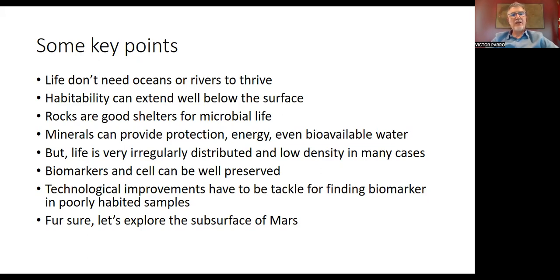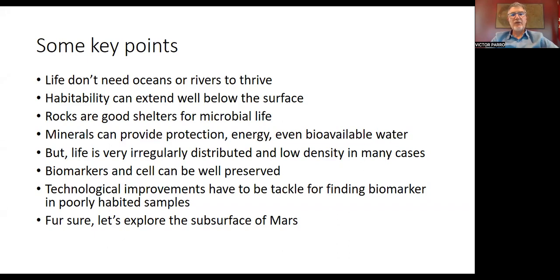Habitability can be extended well below the surface. So when we look for other planets, I understand it's very difficult to explore or to infer the surface conditions on other planets, but we have to have this in mind, not only searching for oceans.